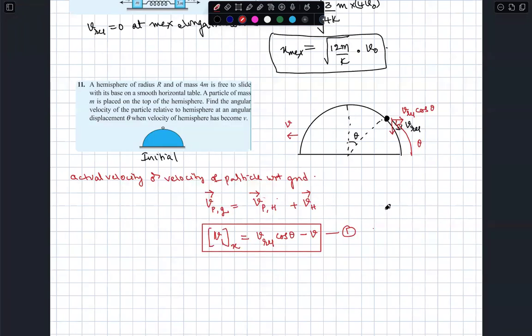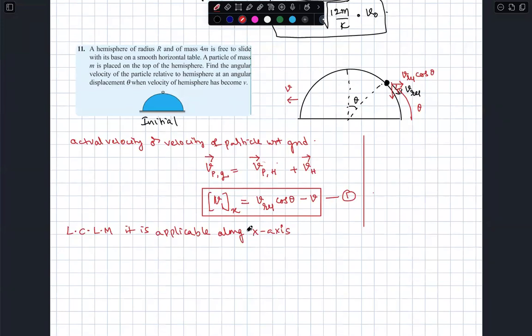Now the second part which I need to take into account: this is V1x undoubtedly. One more important point is that the law of conservation of linear momentum you can apply, but remember, it is applicable only along the x-axis.